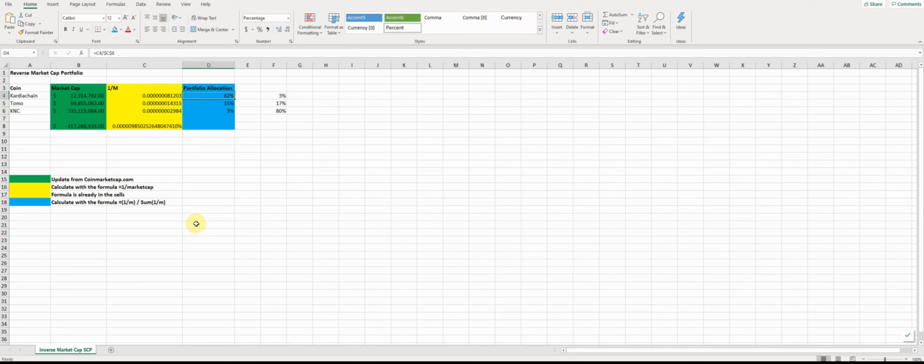So now that you have this done, you need to find your portfolio allocation based on the inverse. To do that, it's really pretty easy. You just do equals this divided by your total. So it'll always be your individual inverse market cap divided by the total to get that, and that's from that equation from, I don't know, sixth or seventh grade, whole times percent equals part.